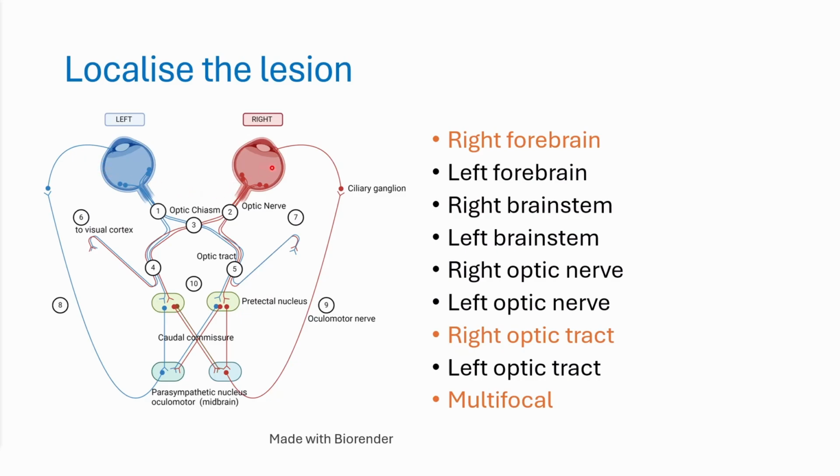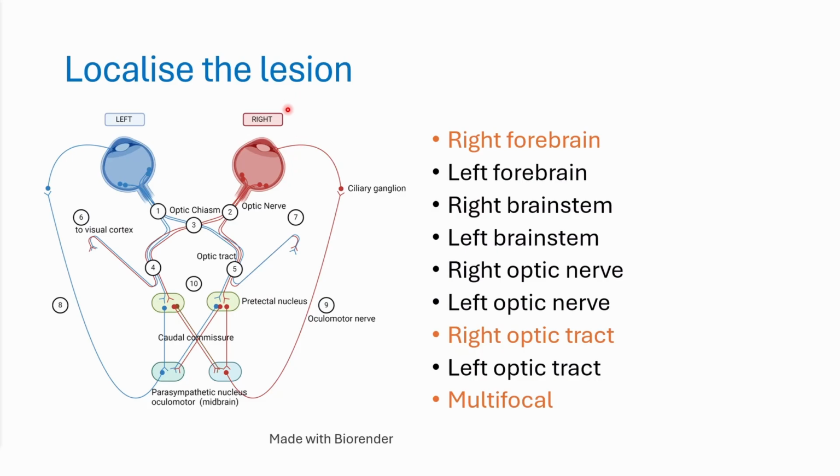So what does that mean? Well, if it's not visual on the left, there must be a lesion somewhere in that pathway. And given what I've said before about the visual fields, then this makes it likely to be here, here, here, or going off to the visual cortex.